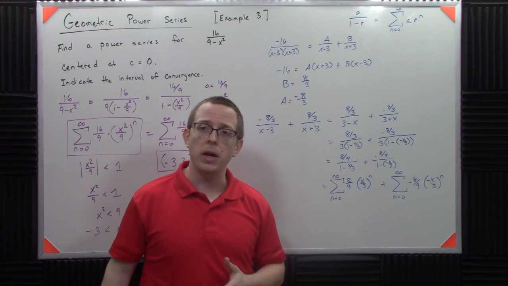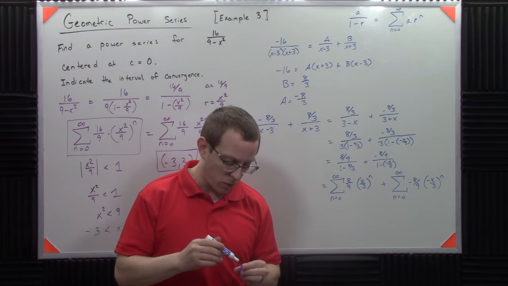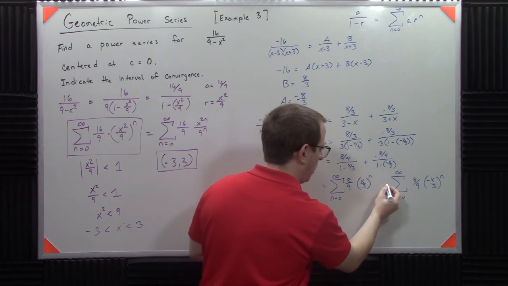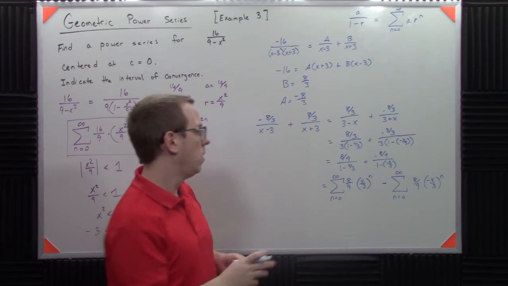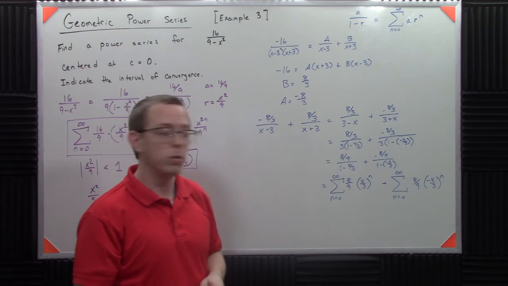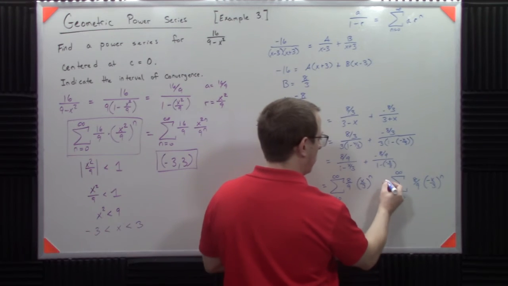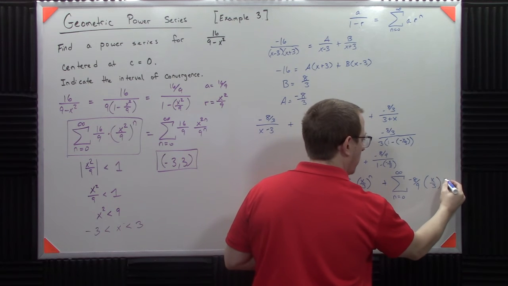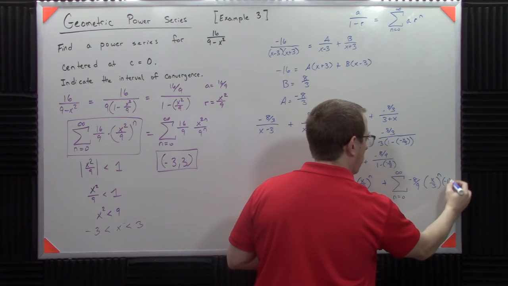So there's a couple, and we can actually combine these even further, because I can do this. I can say, well, that's technically this right here, and instead of negative x over 3, we'll leave that here. That's actually (x over 3) to the n times negative 1 to the n.